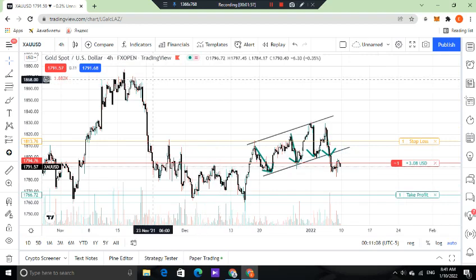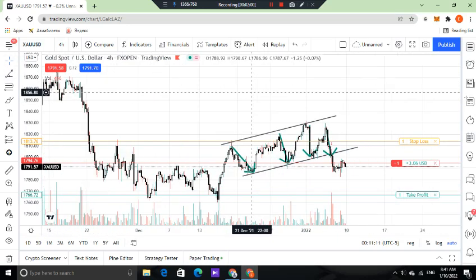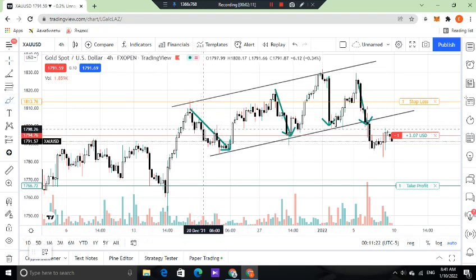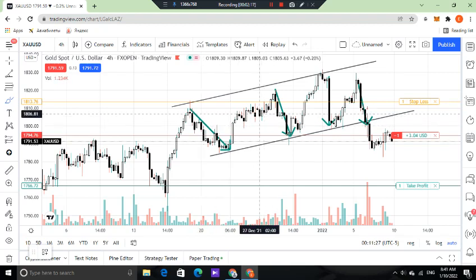Here we have XAU/USD, gold, and what the hell is depth? Consider a swimming pool. It has a depth for sure, and the deeper the swimming pool, the more dangerous it is.